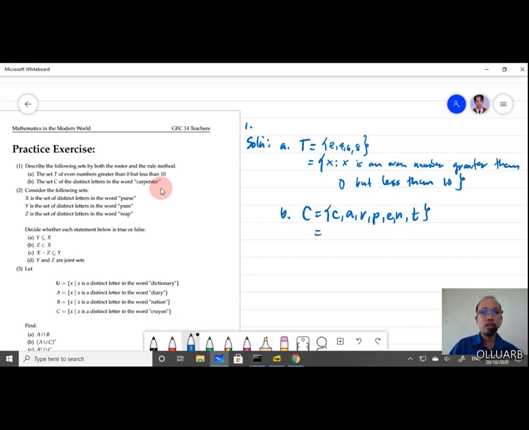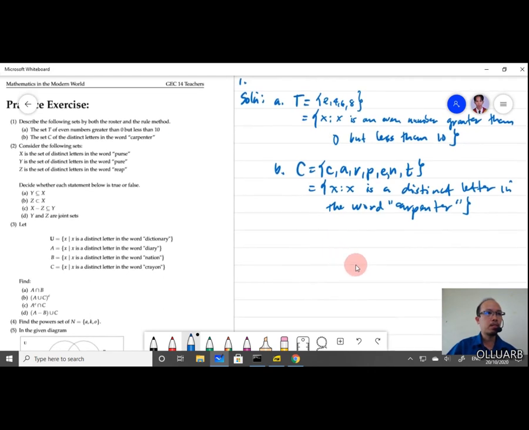So for the rule method, we have the set of all x such that x is a distinct letter in the word carpenter. Okay, so that's the solution for number 1.